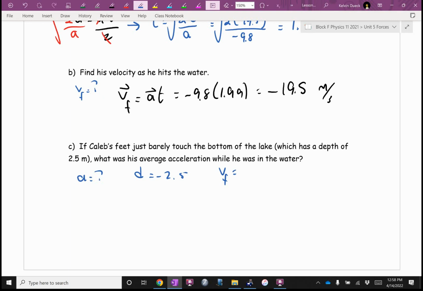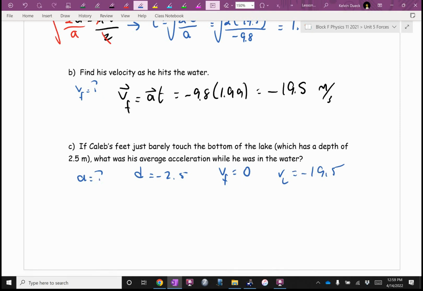What's his VF? That's what I was trying to hint at, okay? Well, did they tell me VI when he hits the water? What? Negative 19.5. Gotcha. In fact, I'm going to use my answer button there.